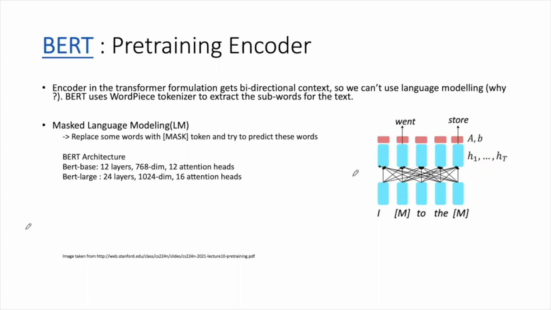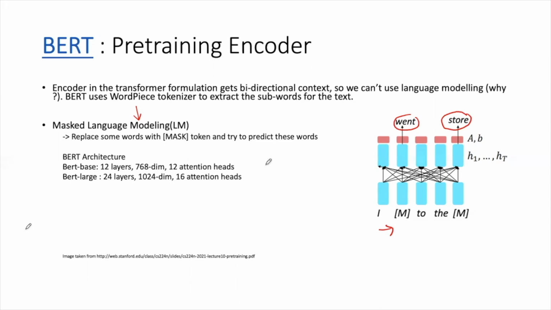So we use a different form of pre-training approach for the encoder, which is masked language modeling. In this, we replace some words in the input sentence with mask tokens, pass the entire sentence to the encoder, and then try to predict the mask tokens. That is the typical objective and how we conduct pre-training for the encoder.